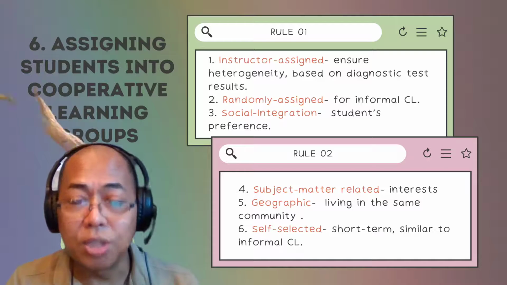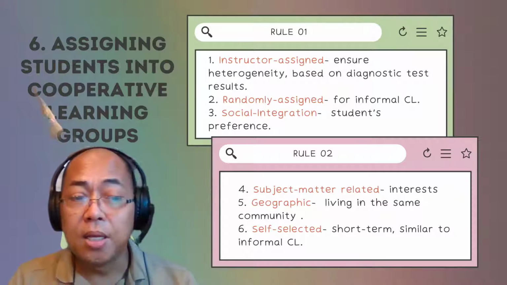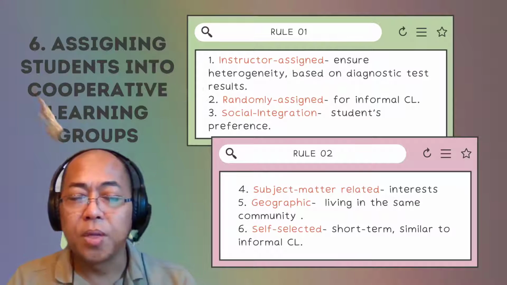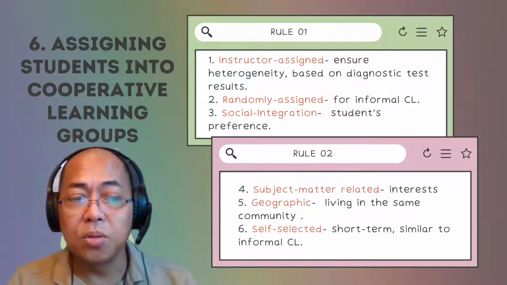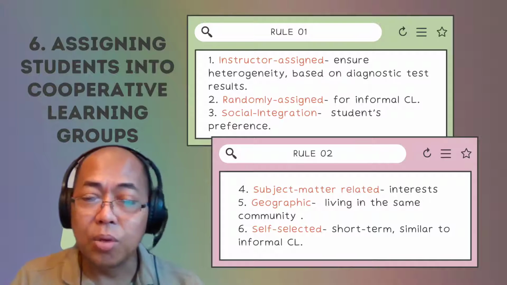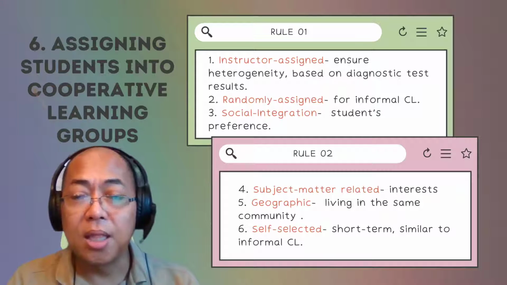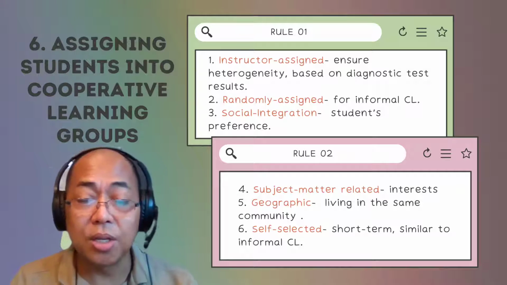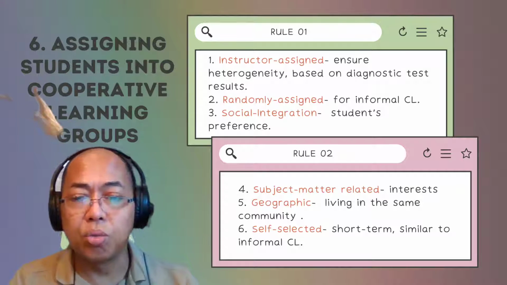So that's social integration. Fourth is subject matter related groups or same interest groups. So in these groupings, you simply ask the students about their interests. So let's say you are teaching research, like in my case, I'm teaching research 1 and research 2.